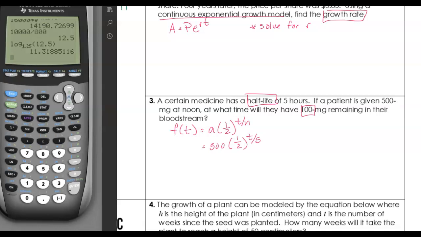Let's see here. Lauren Wilson, where should I put the 100? She's not here.